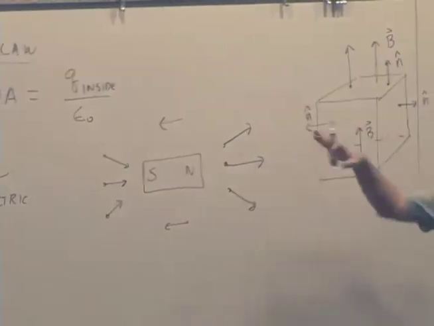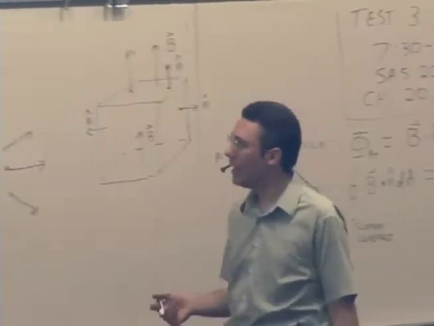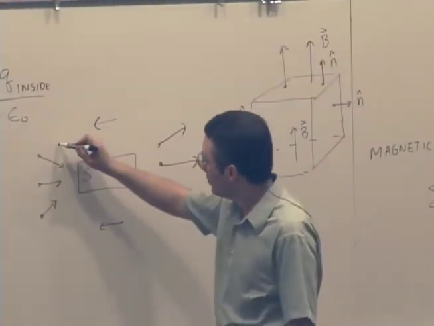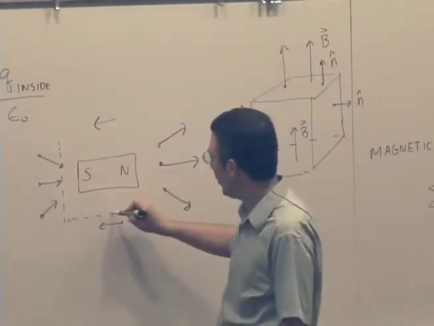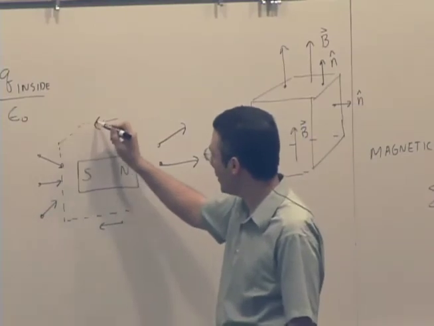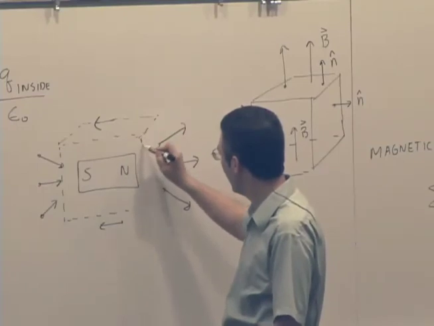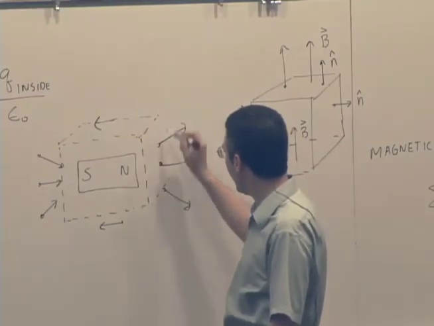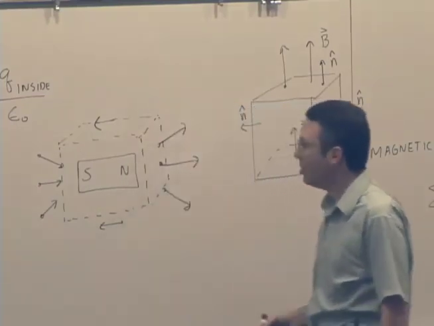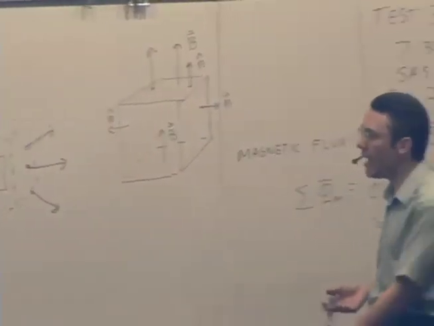So you get this dipole pattern of magnetic field. And if I placed a closed surface, I placed this bar magnet in a box, okay, you can probably kind of see that, yeah, the total flux would have to be 0, right?